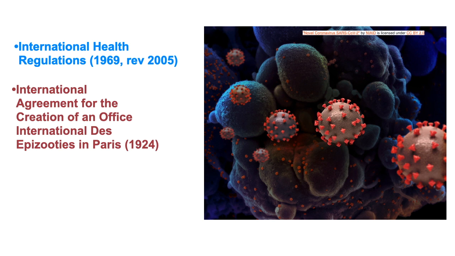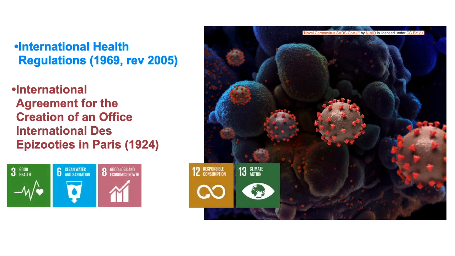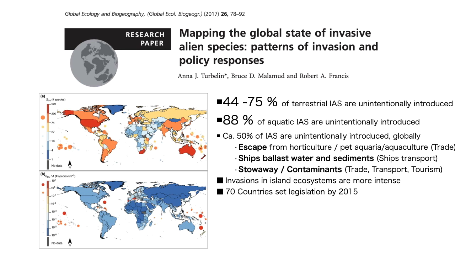So regarding prevention of zoonotic diseases, their participation in the liaison group is, of course, urged, and the WHO is responsible for human health at the global level. So I would put health-related targets.